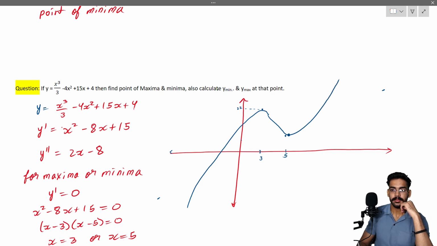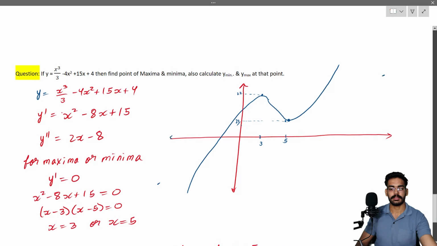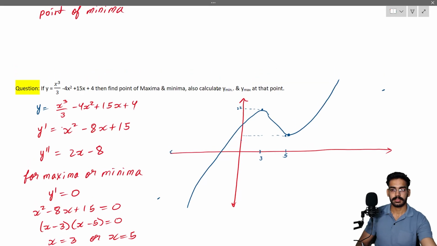Got it. At this particular point, what is the value? I guess I wrote 62 by 3, sorry, 62 by 3, or maybe this point is 4 actually, so maybe it is below this.